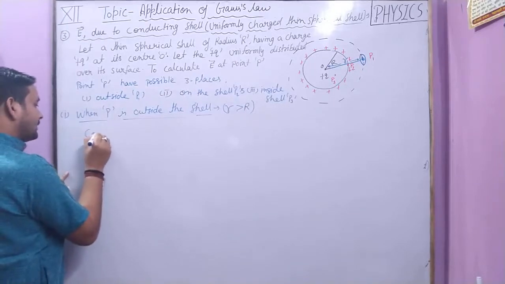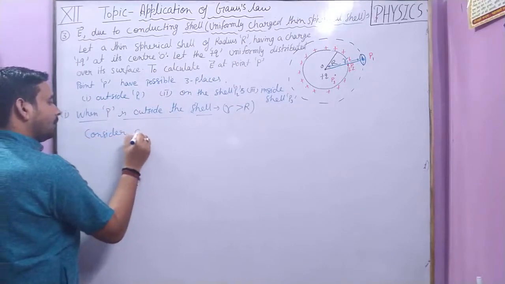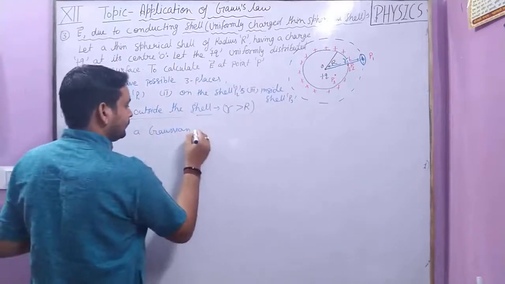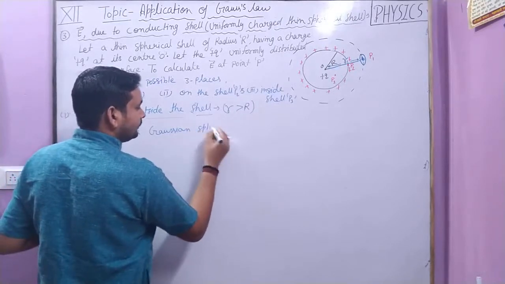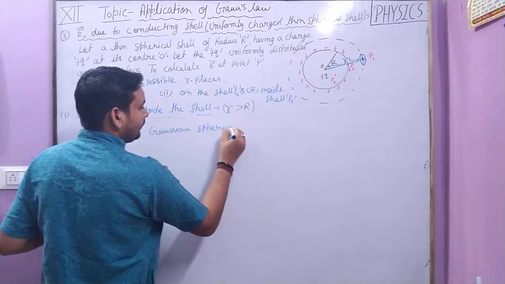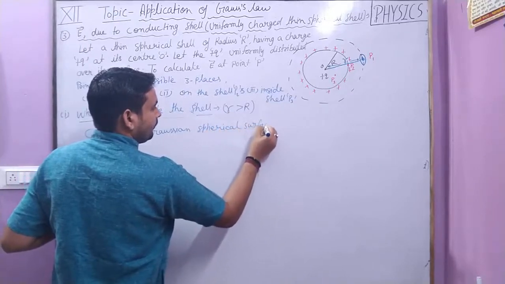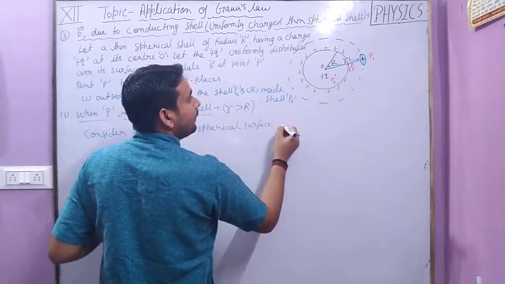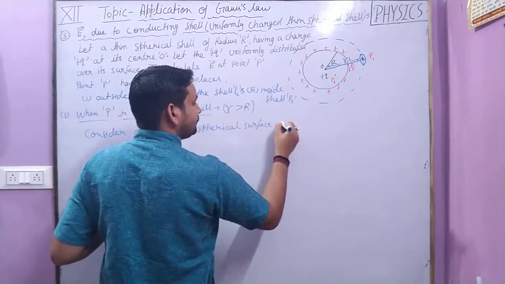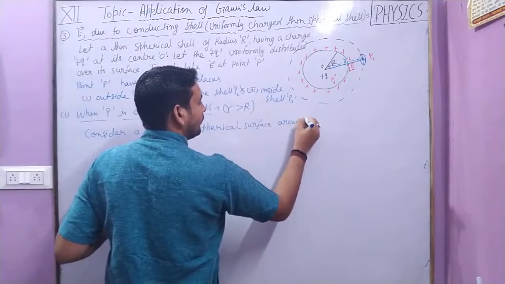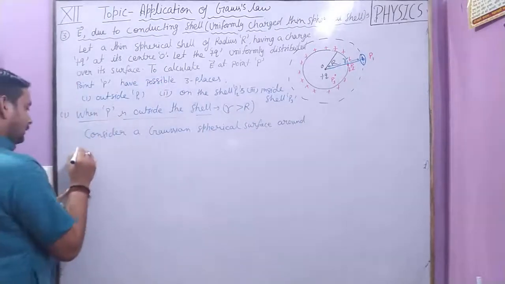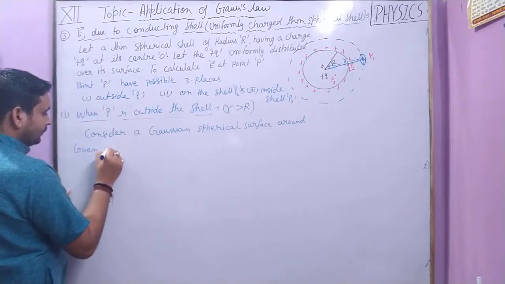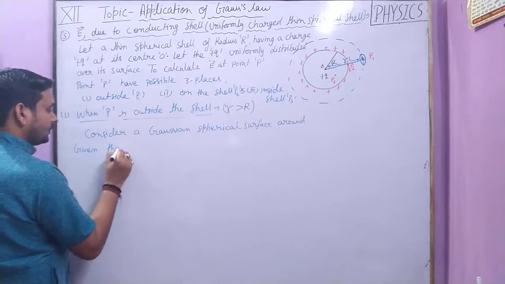So consider a Gaussian spherical surface around the given thin cell.